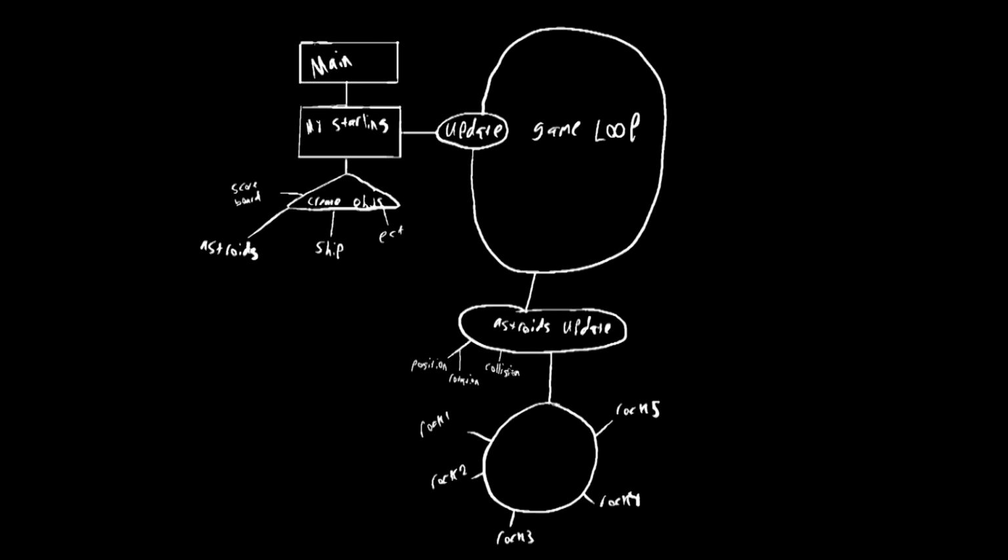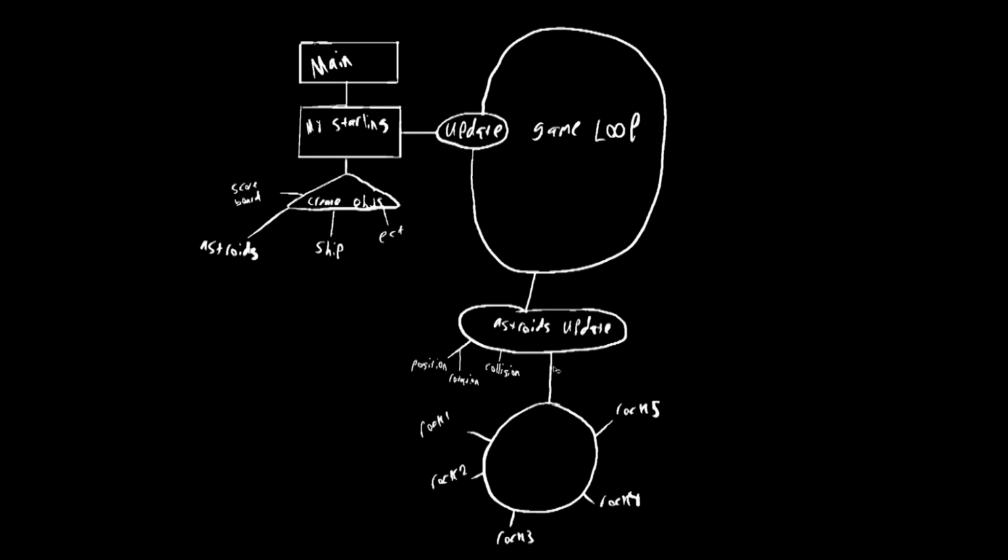It'll break into smaller asteroids. So it's actually going to create another object of the asteroid, but then it's also going to change the way the asteroid looks. So it's going to be smaller, and there's going to be two of them, or three of them, depending on what you want to do.